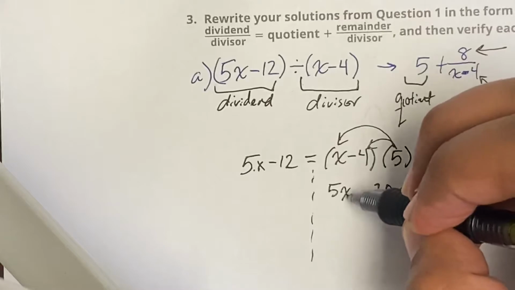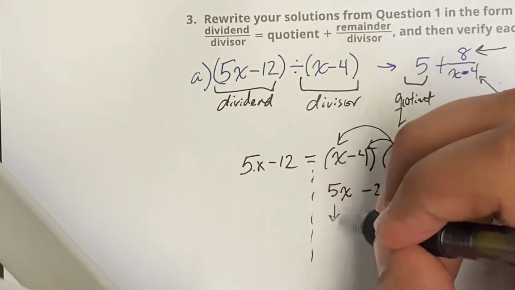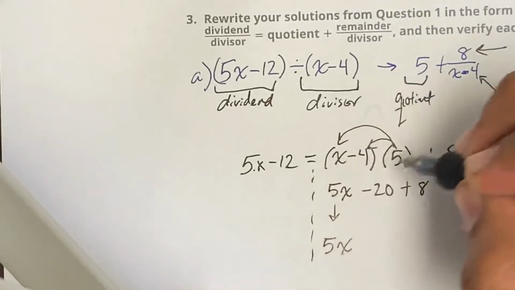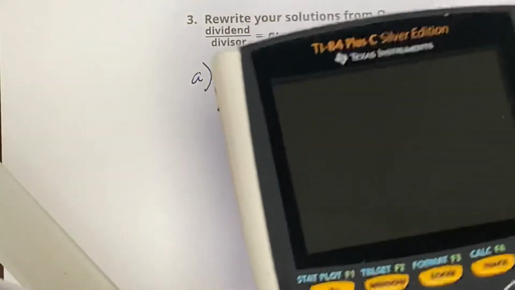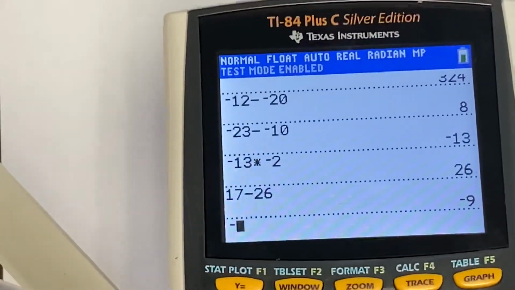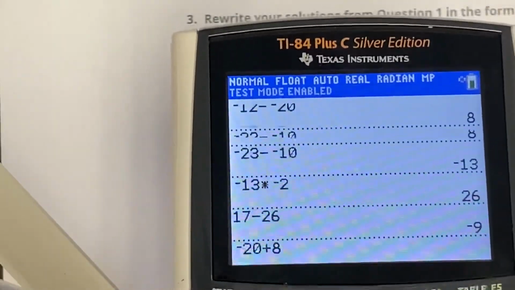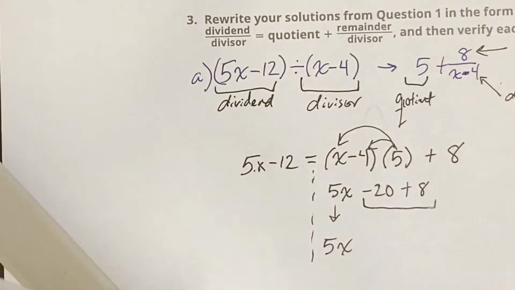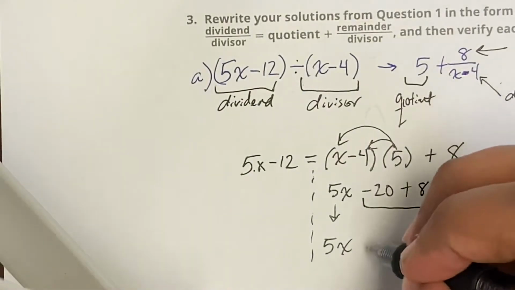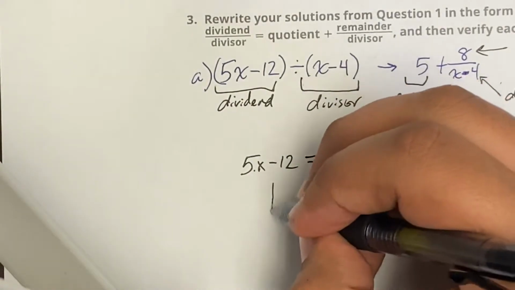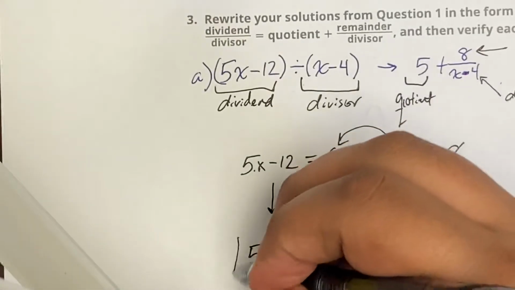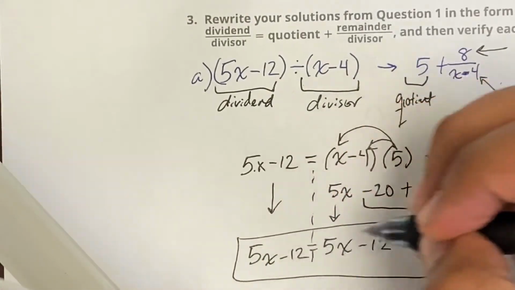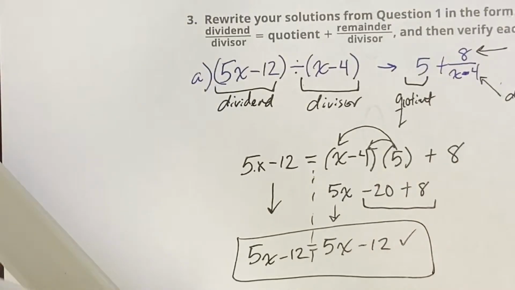Nobody else has an x besides 5, so I'm going to bring that guy down. These are like terms. Negative 20 plus 8 we get negative 12. And what do you know? We did it correct. Okay?